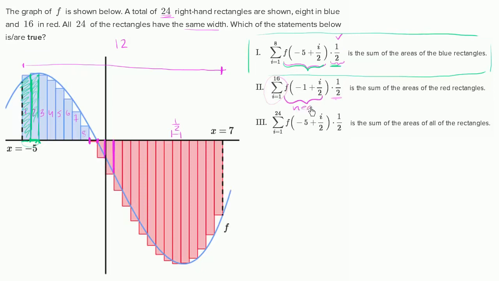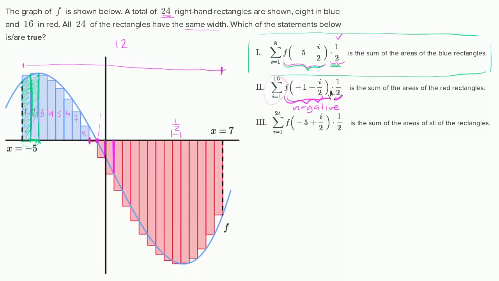Because between negative 1/2 all the way to 7, our function is actually negative. So one way to think about it, you'd be having negative heights. So when you multiply these two things, you're going to get a negative number.